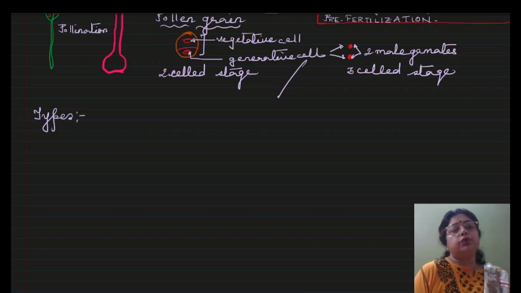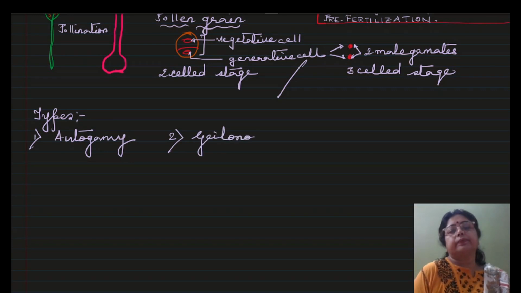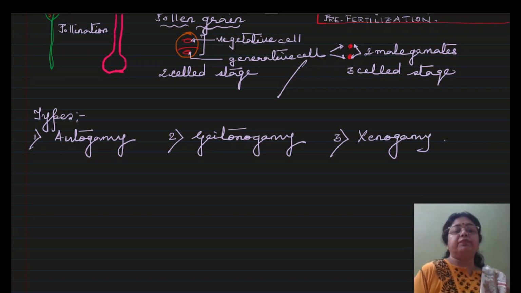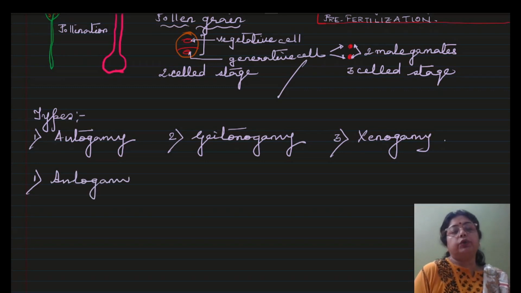It is very important if we go for types. First of all, let us know what the types are. One is autogamy. Number two is geitonogamy. Another is xenogamy. So autogamy, as from the name, automatically, whatever is happening, it is called autogamy.